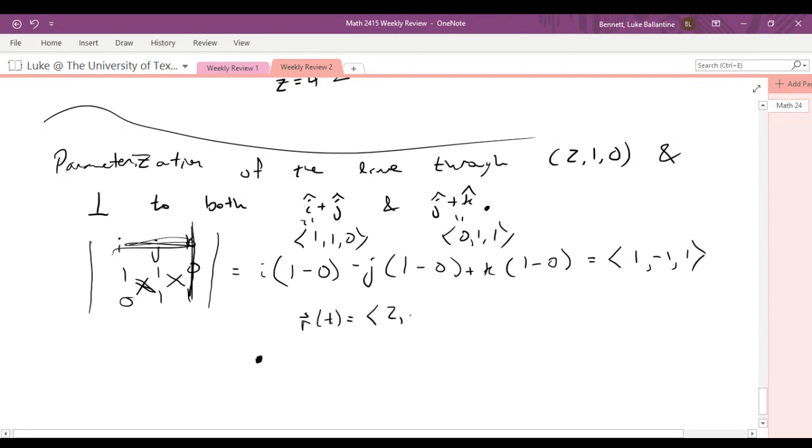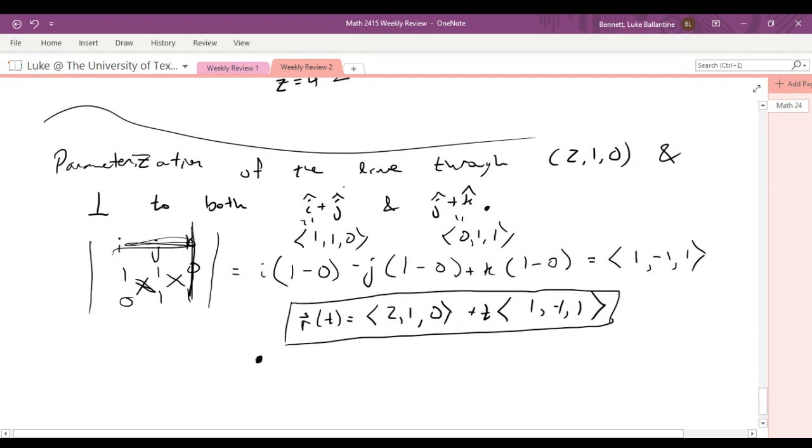And then we have plus t times what vector? Very good. That's the answer. If it's perpendicular to both this vector and this vector, then that means it's parallel to the cross product of these two vectors. And thus, if we have a vector parallel to our line, that's going to be our slope vector. So that's the parameterization.